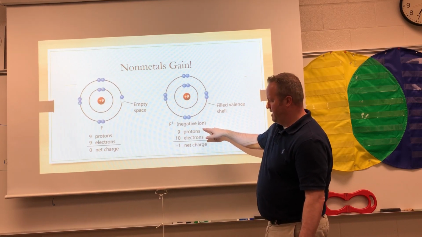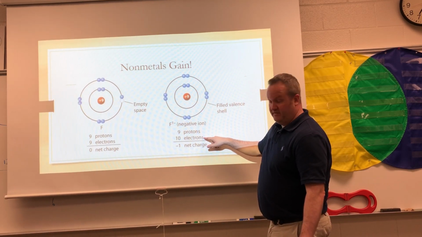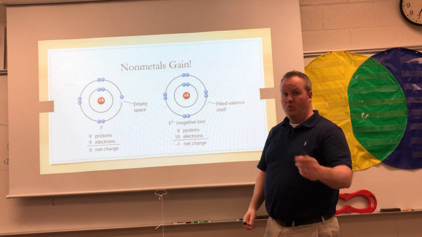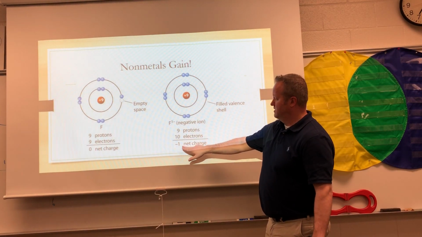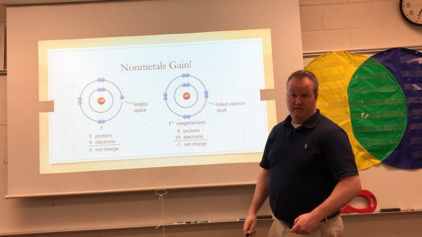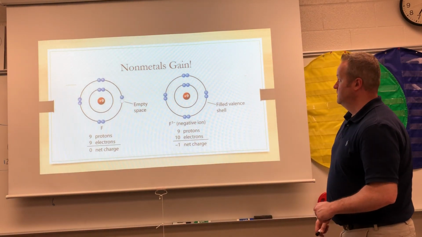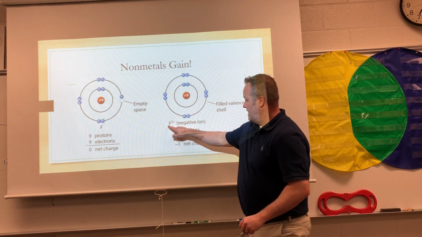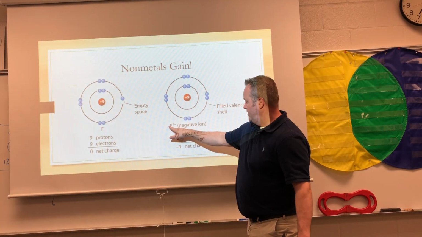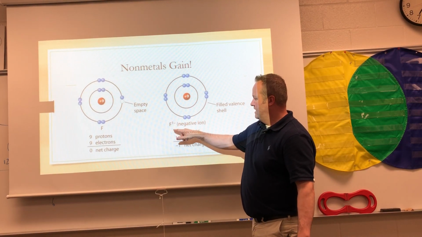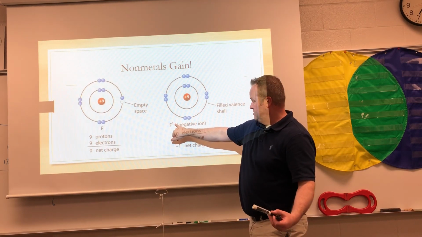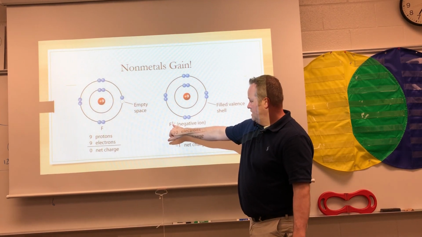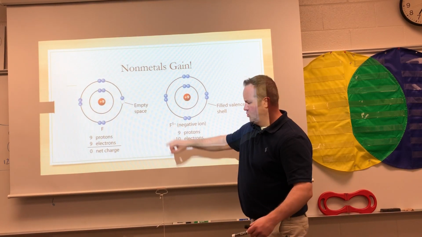In this case, you have 9 protons and 10 electrons, so you have 1 more electron than protons. So your overall electric charge is -1. The way we write that is F, the symbol for fluorine, with a 1 negative, meaning we have a surplus of electrons, and the difference is 1.